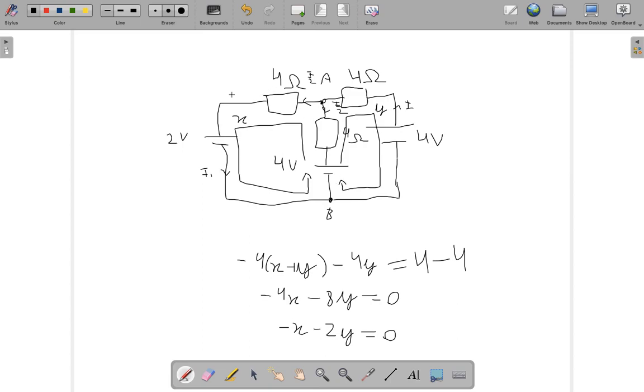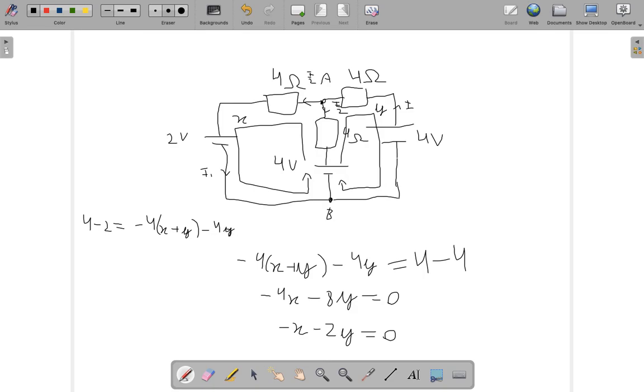Now if we take the other loop, the total potential difference on this side is going to be 4 minus 2, which will equal the potential difference used up in this one. That's minus 4 times x plus y, because you have both the currents going through over here, minus 4y once again.